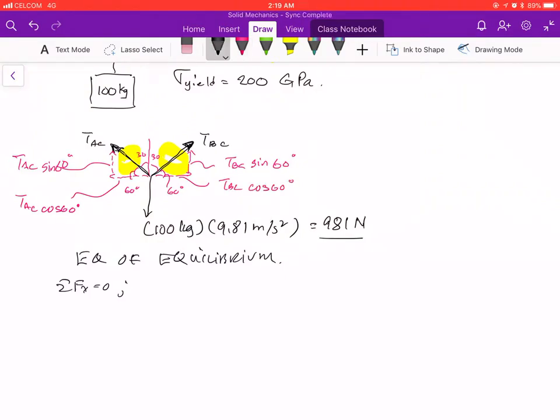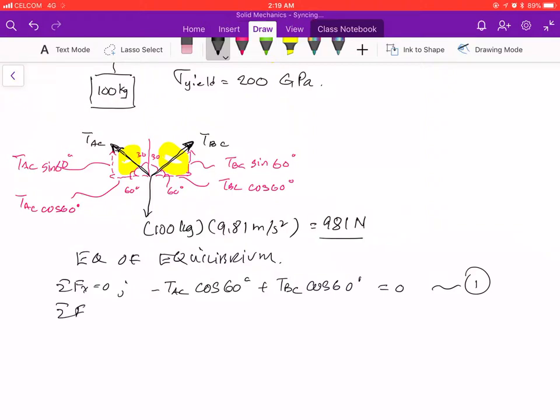If I do a summation of forces in the X direction, I will have minus TAC cosine of 60, it's going that way, plus TBC cosine of 60, equal to 0. That's one of the equations.